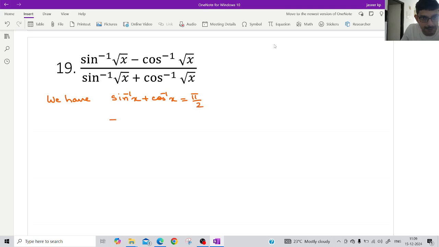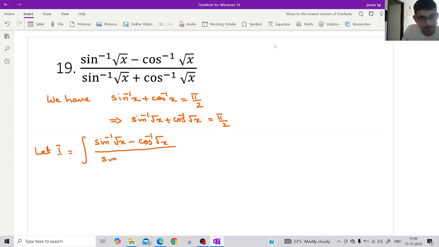So that implies sine inverse root x plus cos inverse root x equal to pi by 2. So if we take the given integral as I, so that is integral of sine inverse root x minus cos inverse root x divided by sine inverse root x plus cos inverse root x dx.